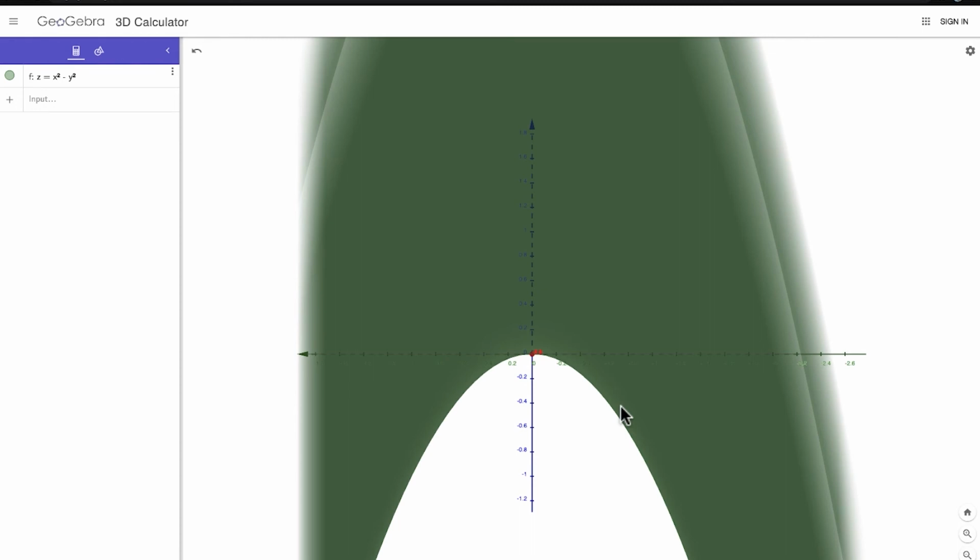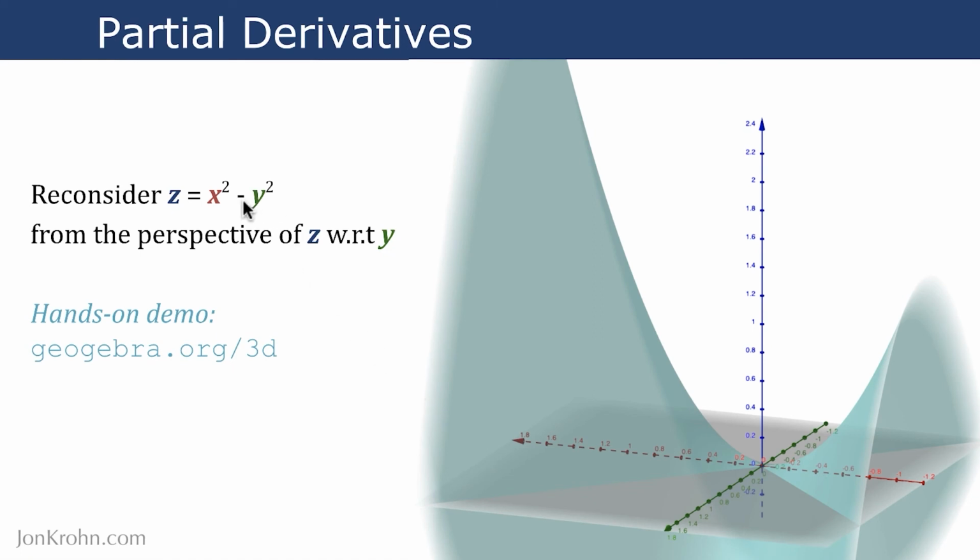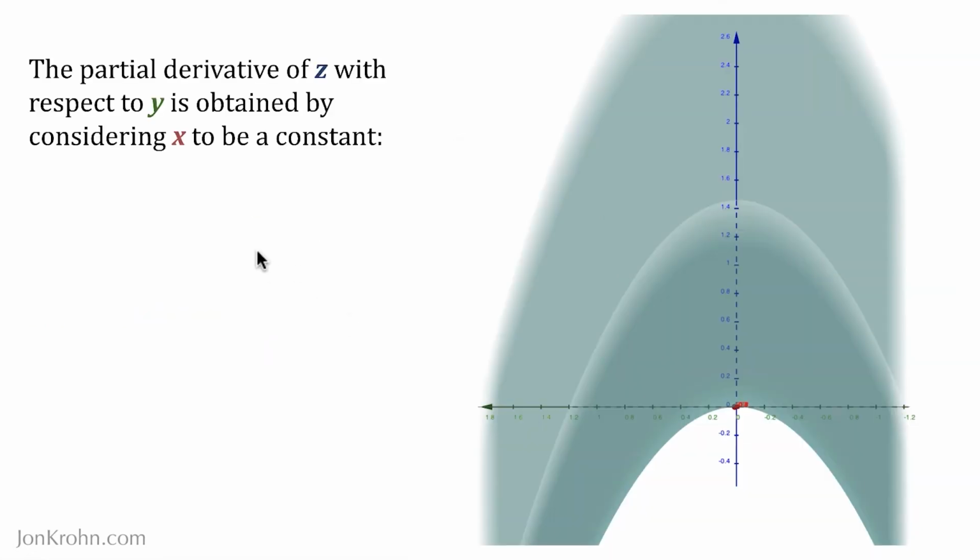So z with respect to the x-axis, the parabola opened upwards. Z with respect to the y-axis now, it opens downwards. And that opening downwards is a function of this negative sign in front of our y variable. So the partial derivative of z with respect to y is obtained now by considering x to be a constant. So let's look again at our function.